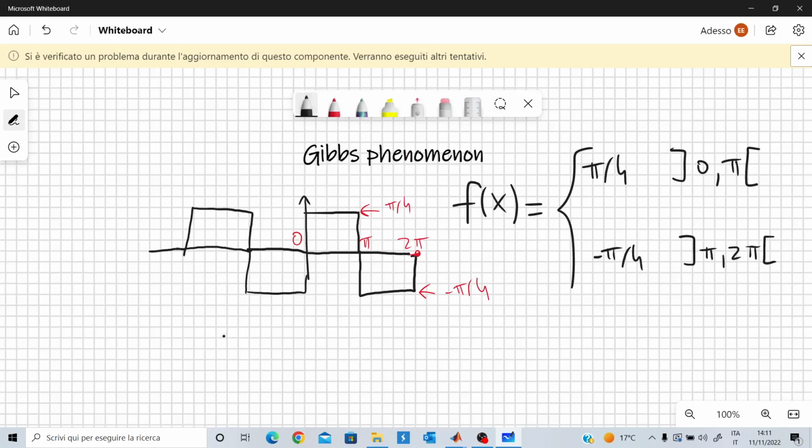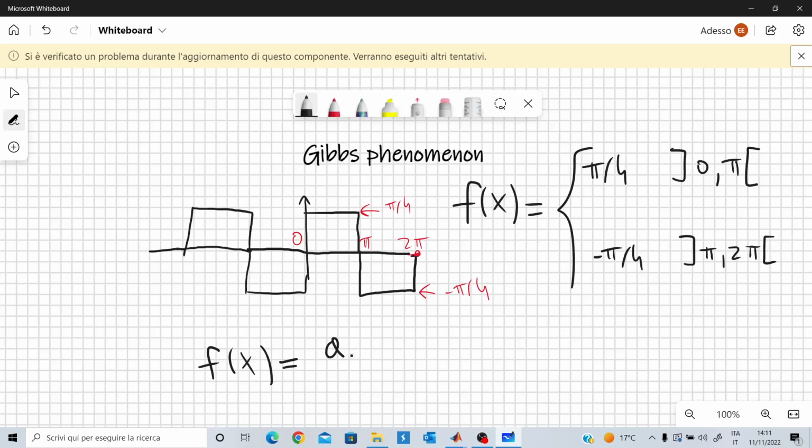Now if we want to represent the function with a Fourier series, the function f of x can be written as, and this equal sign is an equal sign almost everywhere except in the neighborhood of these discontinuities. So this is how we should interpret this equal sign.